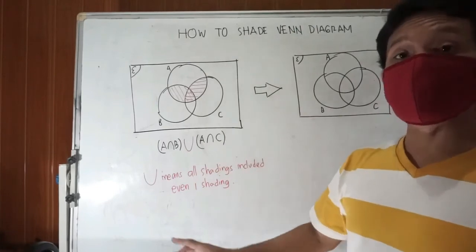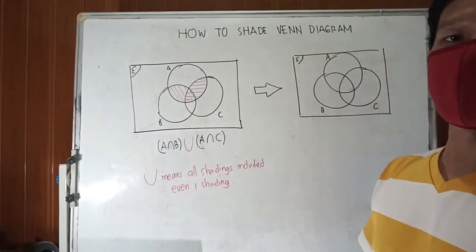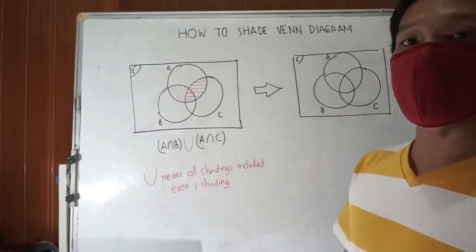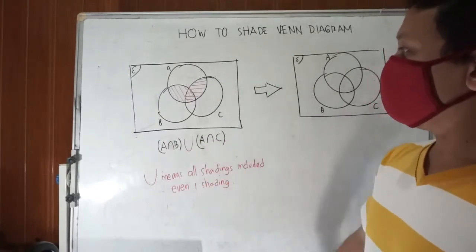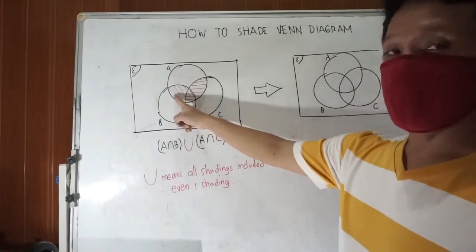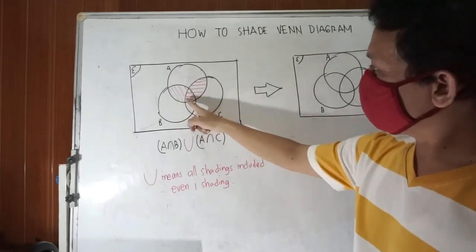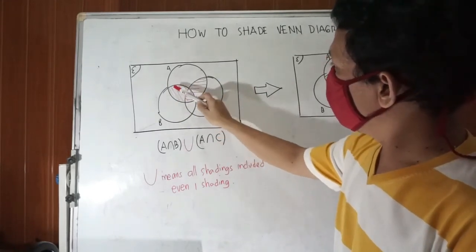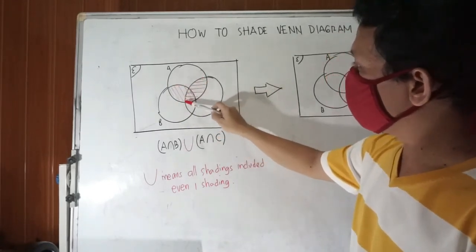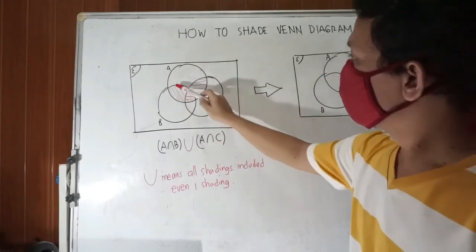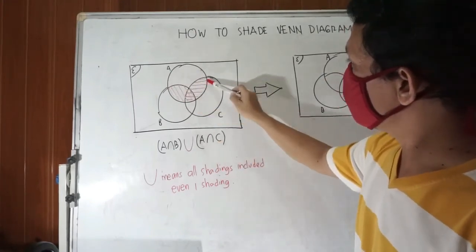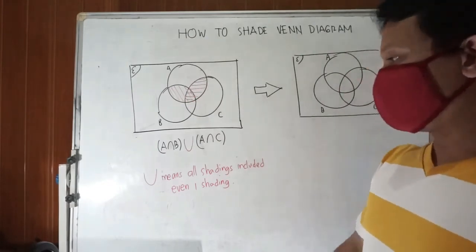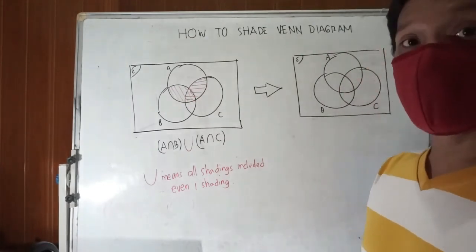So what is the final answer? Based on the description and the Venn diagram, we find that one element here is a double element. Once again, one element, but this one is double. We go back to the definition of union.